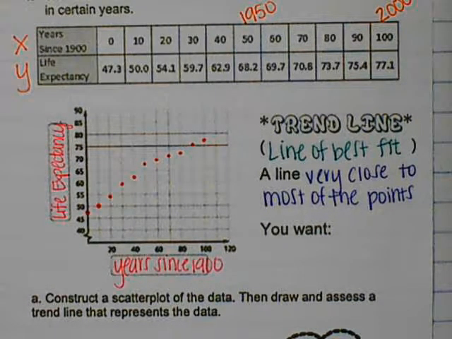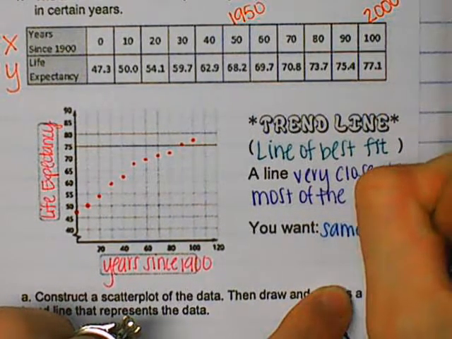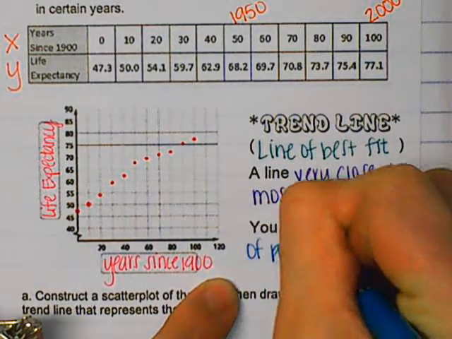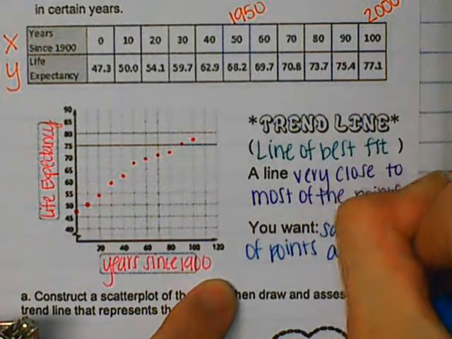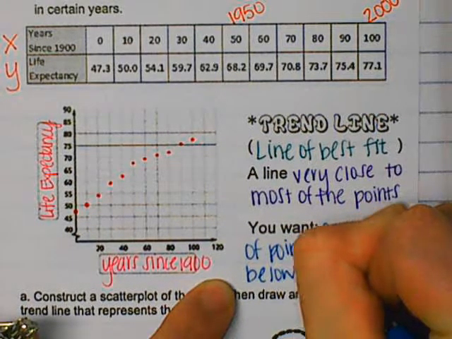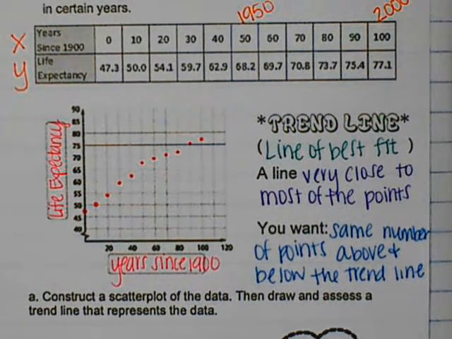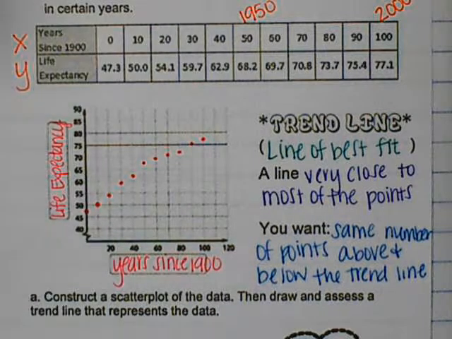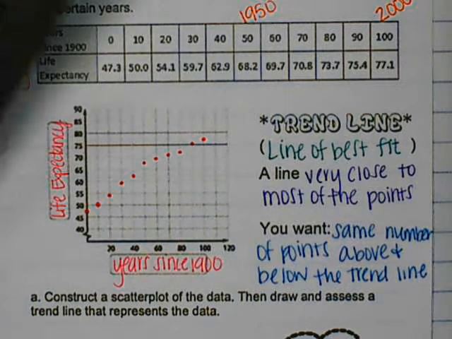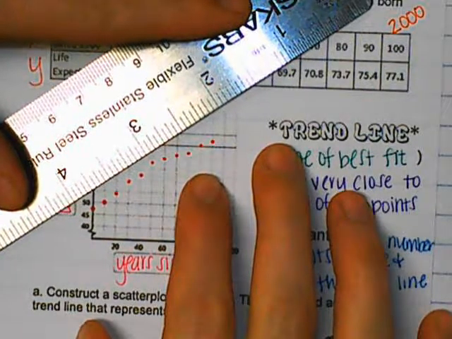Essentially, a good trend line would have the same number of points above and below the trend line. So using a ruler, we always use a straight edge. We're going to draw a trend line, a line that is close to most of the points and trying to have approximately the same number of dots above and below.